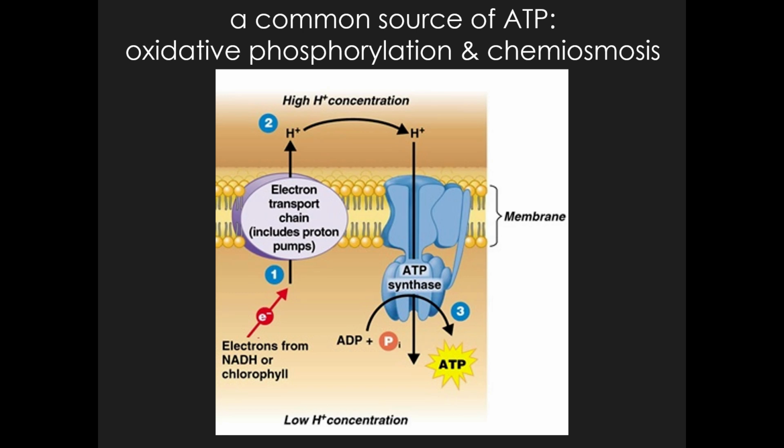So oxidative phosphorylation and chemiosmosis are the way that all of these autotrophs make ATP. The heterotrophs use oxidative phosphorylation and chemiosmosis in order to make ATP, and so do the autotrophs.